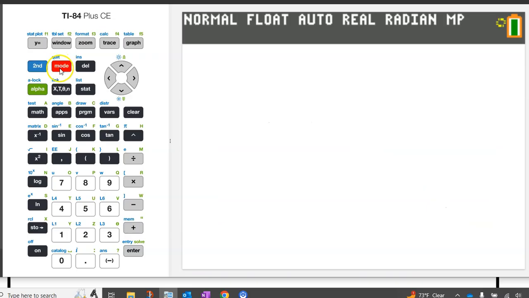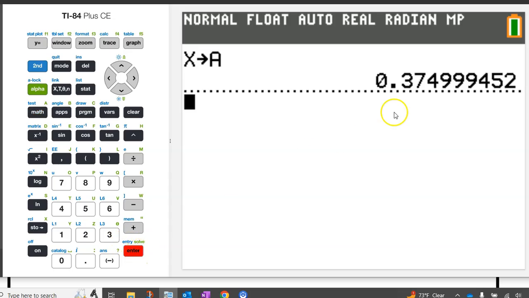Hit second quit. And now I want you to hit X and then the store button and then choose what letter you want to store it in. I'm just going to use letter A. So let's do alpha A and hit enter. Now all of these decimals are stored in letter A.